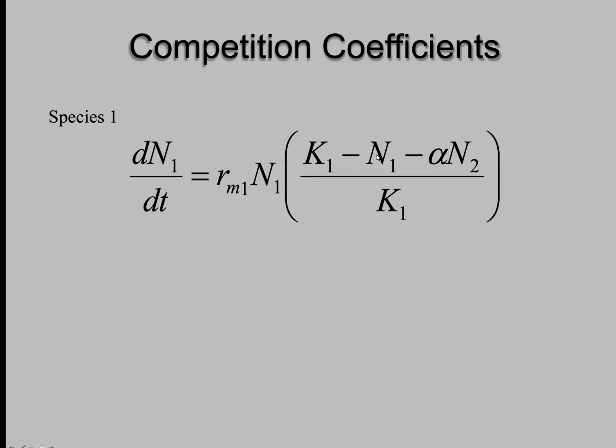So if you have 10 N1s, right? Let's take a simple example. Let's set our carrying capacity at 100 individuals. And you've got, let's say, 20 N1s and 10 N2s. If you just added them together, then we would say 20 plus 10 is 30. We're about a third of the way to 100. But what if N2s eat twice as much?